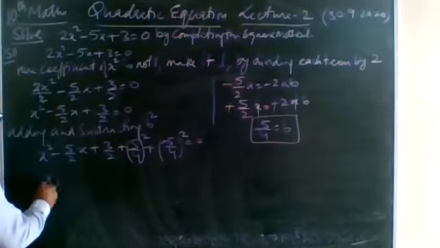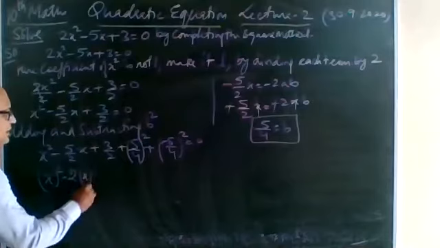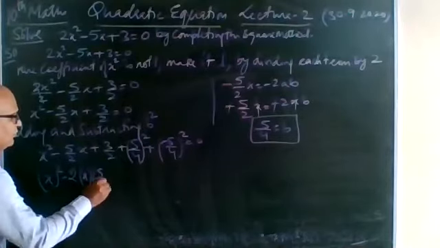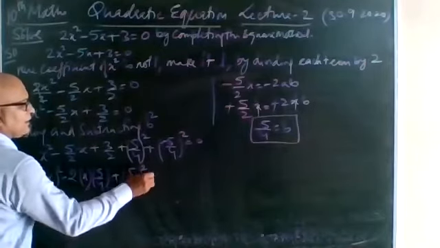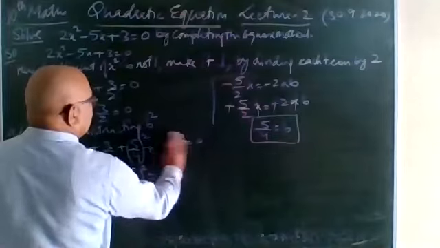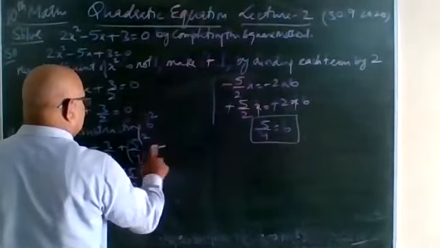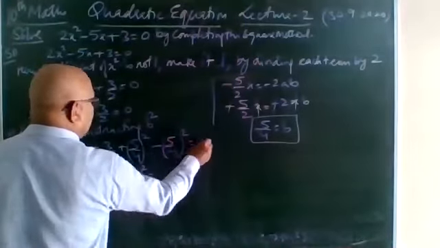Now x whole square minus 2 into x into 5 by 4 plus 5 by 4 whole square, minus 5 by 4 whole square equal to 0.